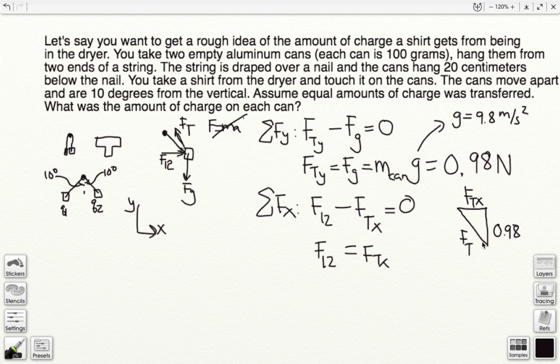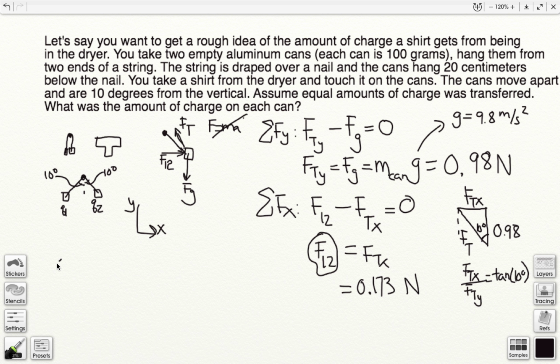Another thing I know is this angle is 10 degrees, which makes this angle also 10 degrees from symmetry. So Ftx over Fty is equal to tan of 10 degrees. If I'm doing the math, you should get that the force 1 on 2 is 0.173 newtons.